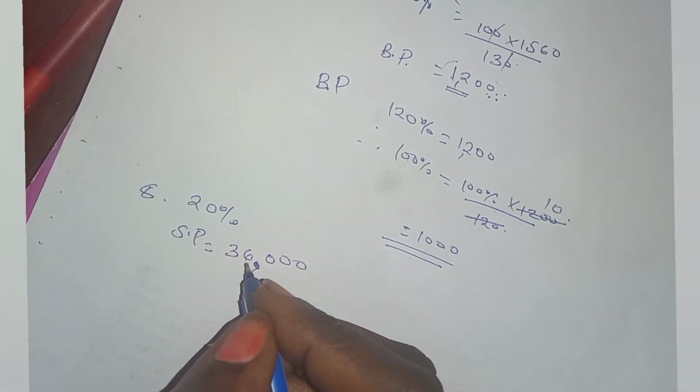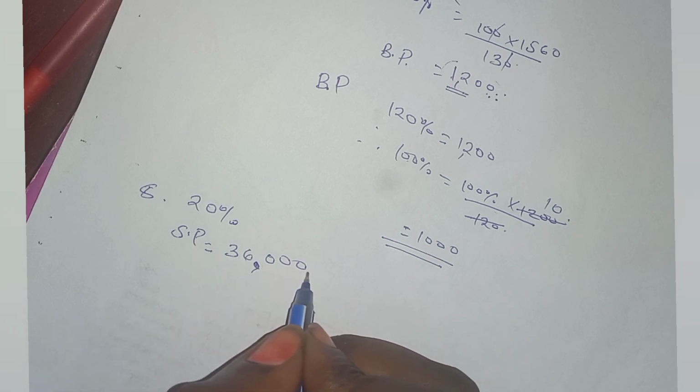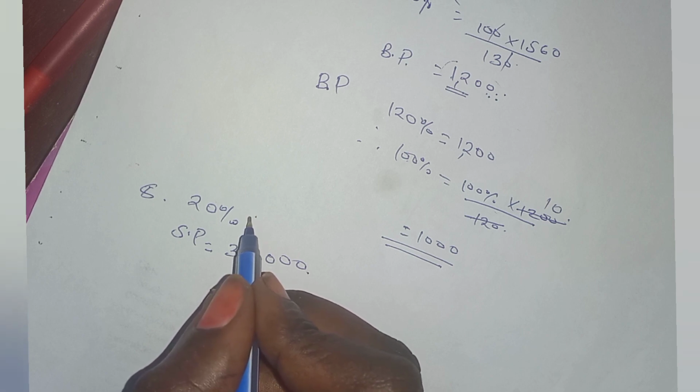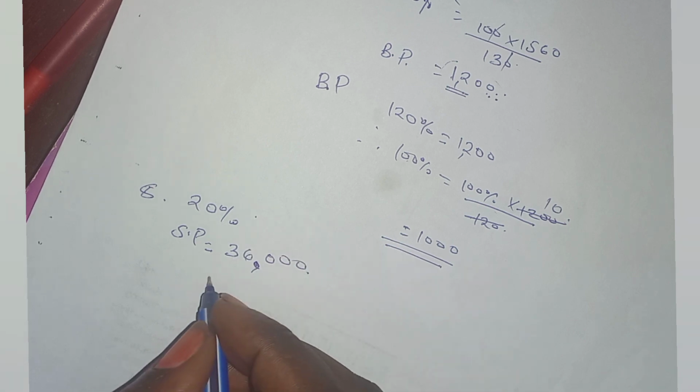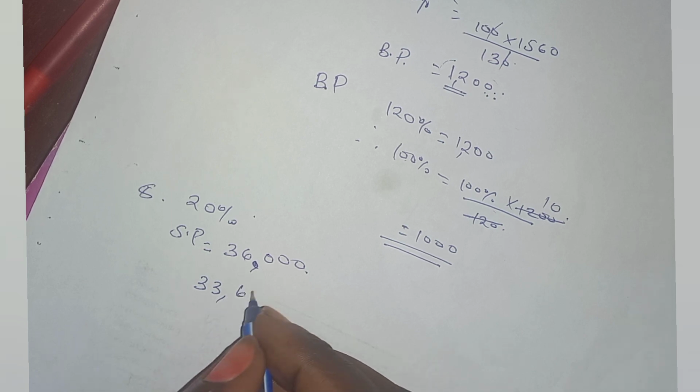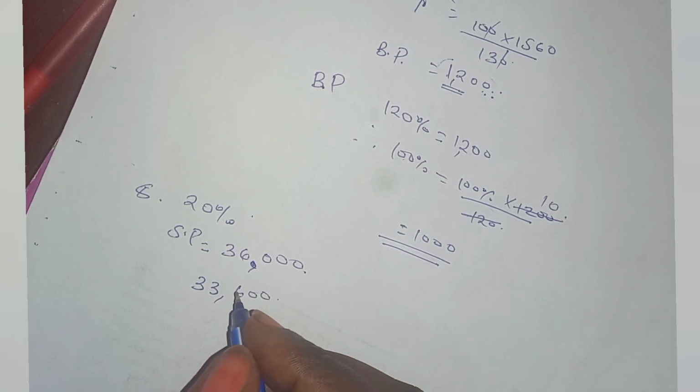When this businessman sells this carpet at 36,000, he makes a profit of 20%. In a trade fair, he sold one of such carpets at 33,600. Calculate the percentage profit made on sale of the carpet during the trade fair.